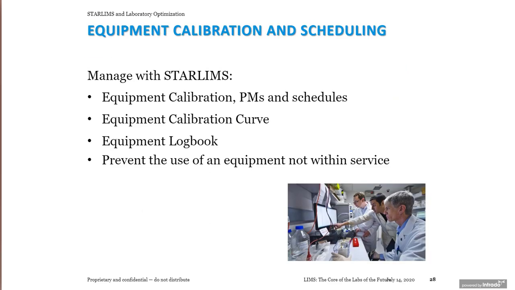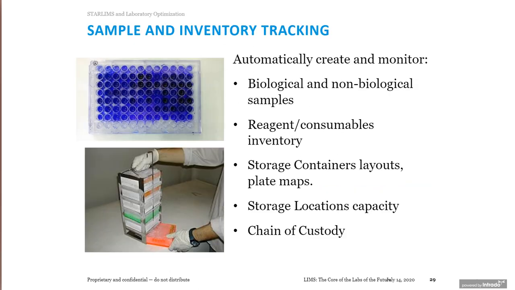Equipment calibration: you're going to be able to manage your preventive schedules, generate the calibration curve, keep track of your equipment logbook through the system, prevent the use of equipment not within service, so minimizing headaches to explain why you used a system that wasn't calibrated.